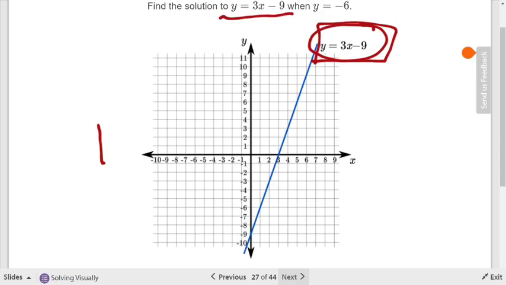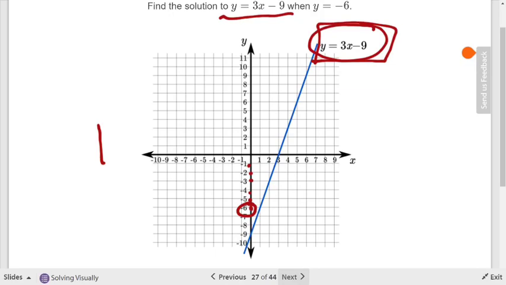Where does y equal 6? Down 6 on the y-axis.